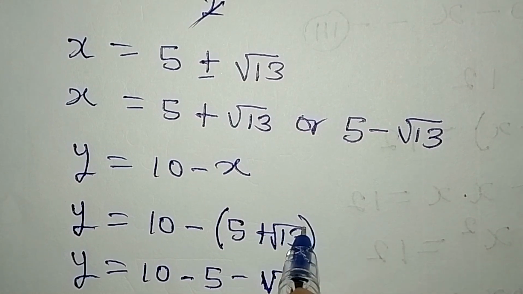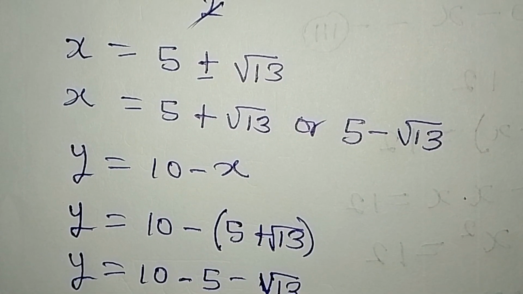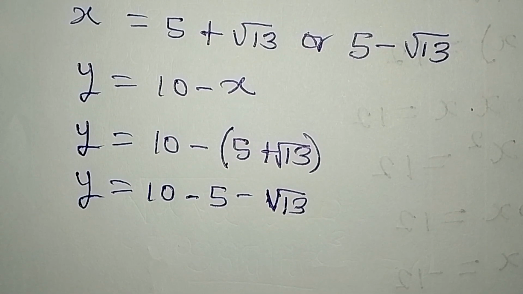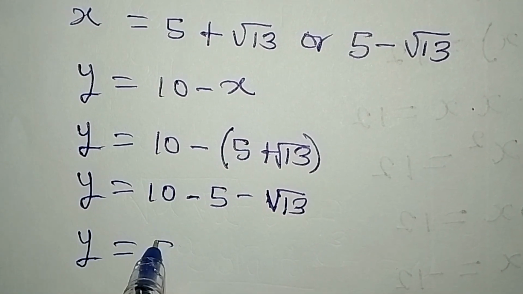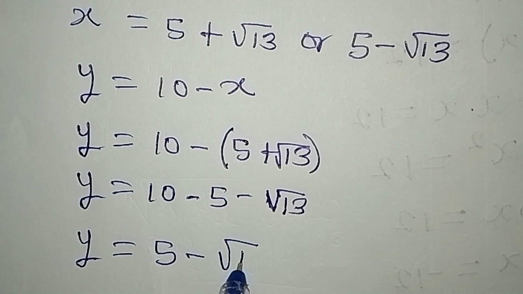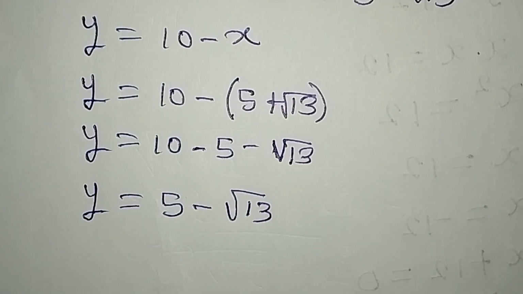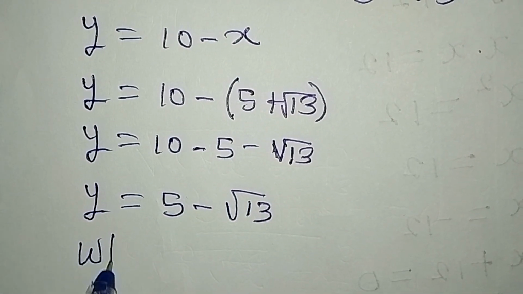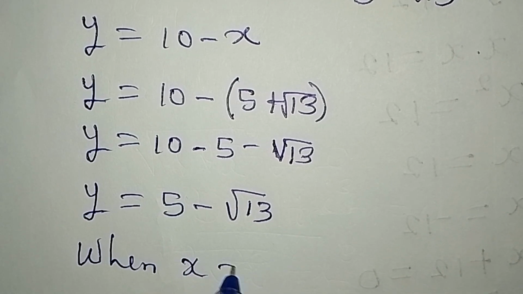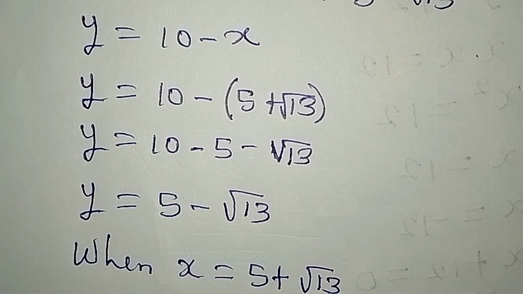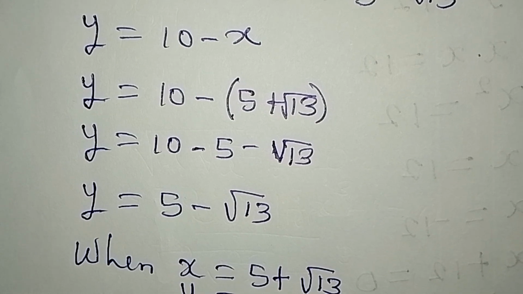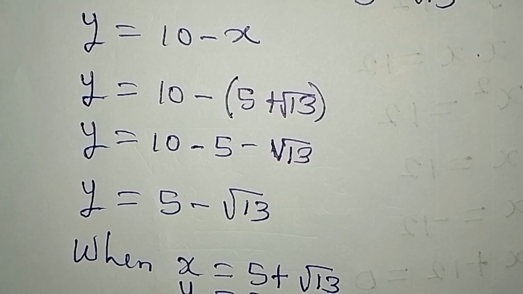Sorry, this is root 13, right? So from here, y is equal to 5 minus root 13. So we are saying that when x is equal to 5 plus root 13, y is equal to 5 minus root 13.